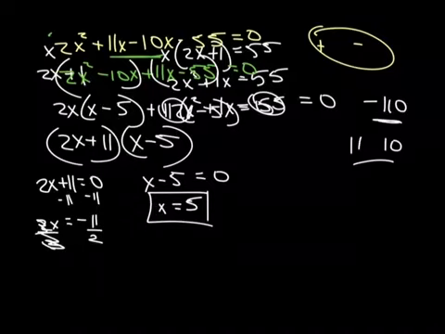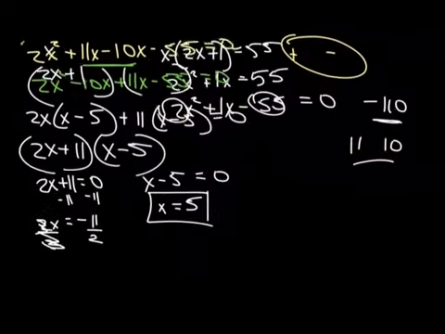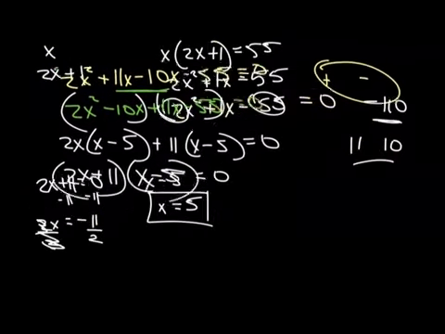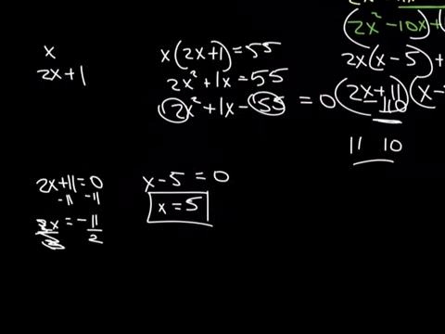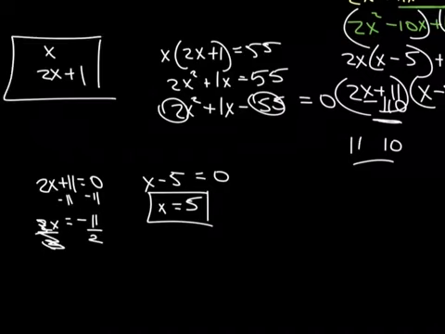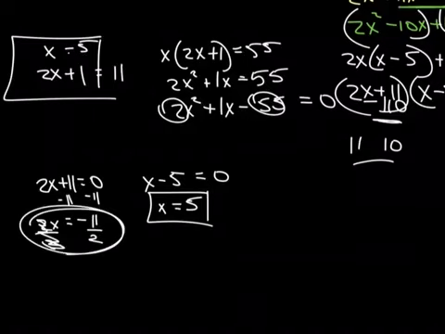Alright, so now I've got two possibilities. Let's go clear back up here at the top where we started. Oh, there's where we started, right here. So one number is x, one number is 2x plus 1. So if one number is x, the other one is going to be 2 times 5 plus 1. Okay? Another option was if x is negative 11 halves.